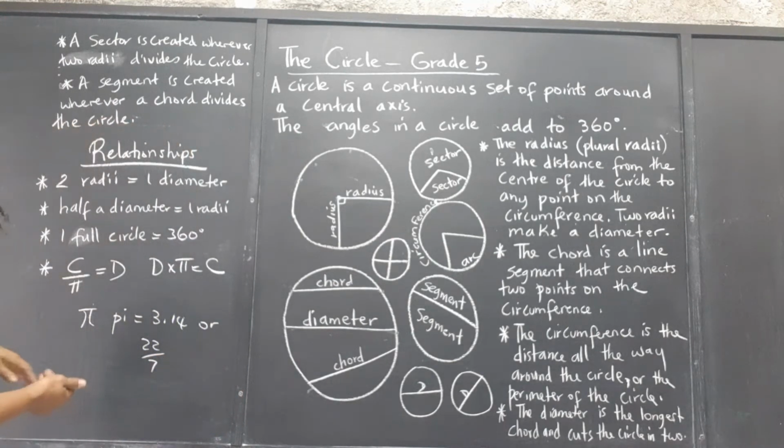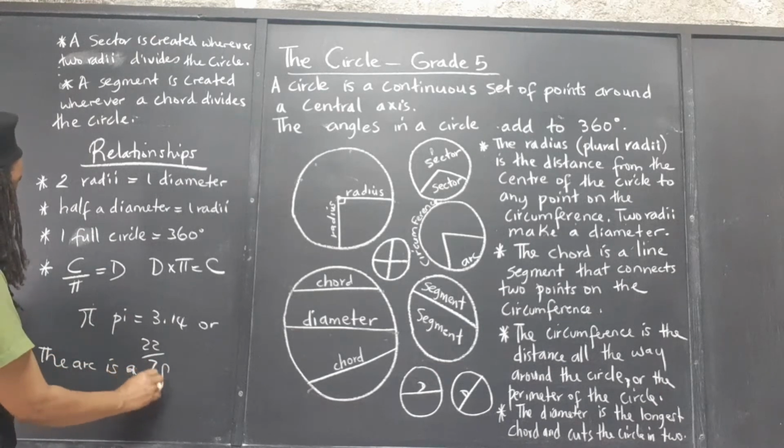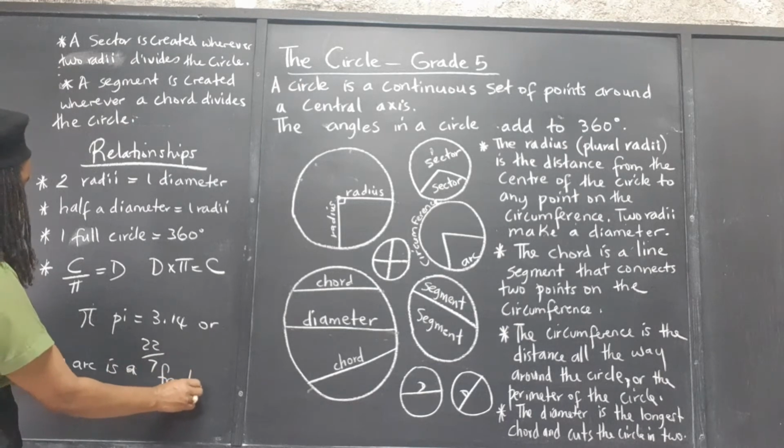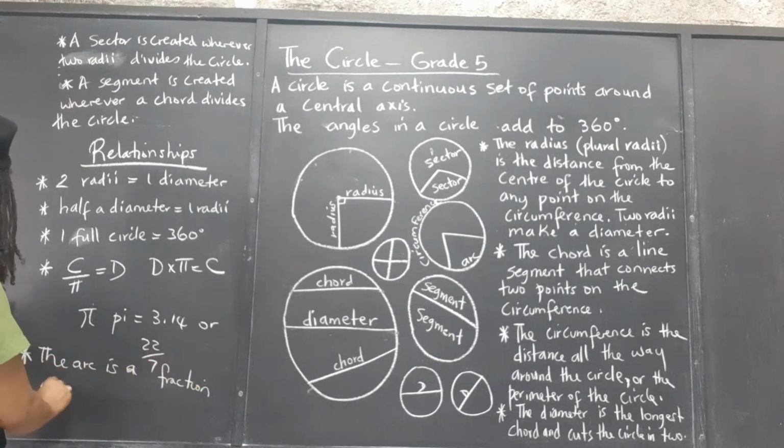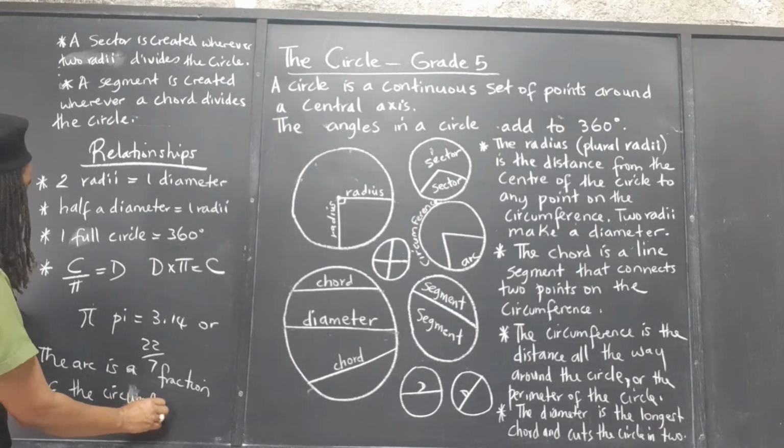Alright, so I need to write the definition for the arc. So the arc is a fraction of the circumference, right? So the arc is the distance on the outside of the circle, but only to a certain point.